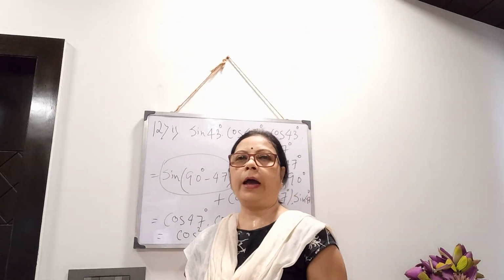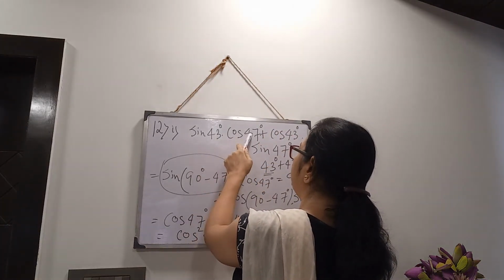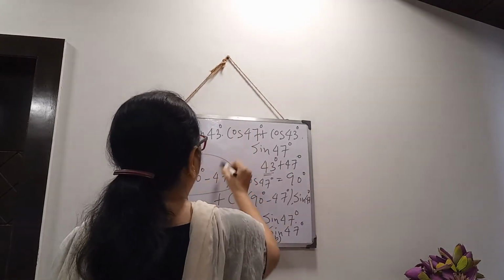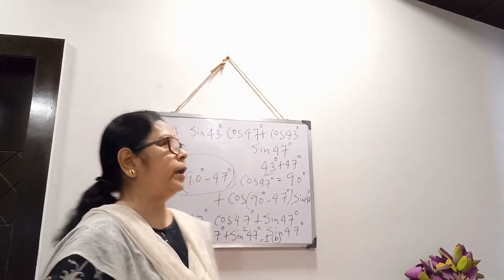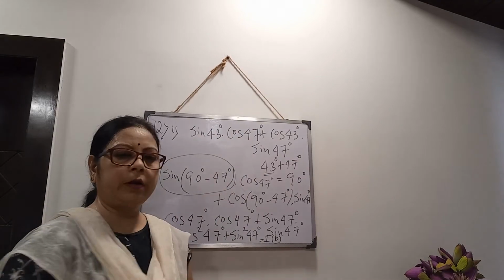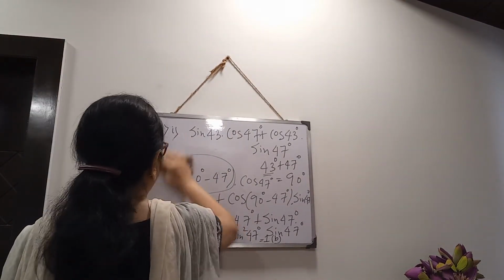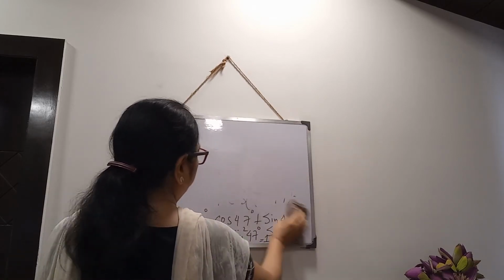So either you convert this in terms of the other or that in terms of this. Here I have converted 43 in terms of 47. You will practice, convert 47 in terms of 43 and you will see what result is coming. Same you will get. Clear? In this way we have to do.